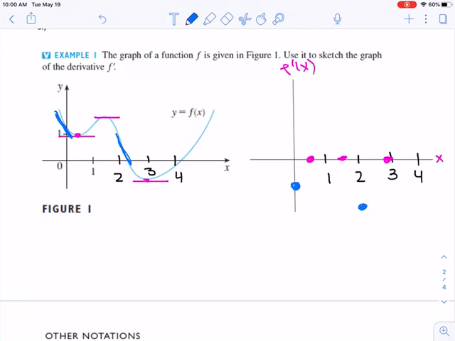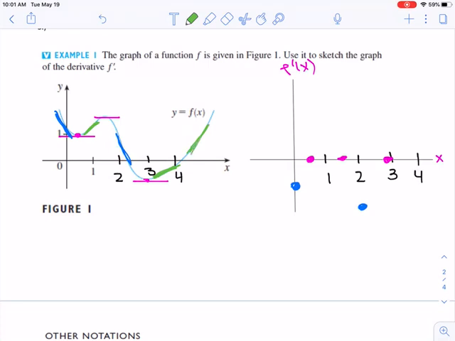Now let's take a look at where my slope is positive. I've got a positive slope here, a positive slope here, and a positive slope here. If I look at a comparison of those 3 spots, the first one, maybe we call that a positive 1. Down in between 3 and 4, it's a little bit flatter, so maybe we call that a 1/2. Then after 4, it's a little steeper, maybe we call that a 2.